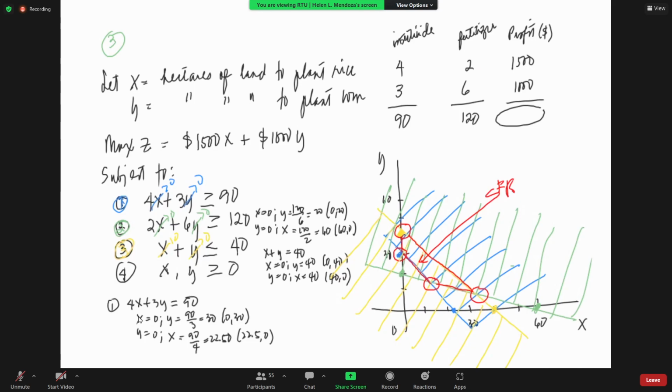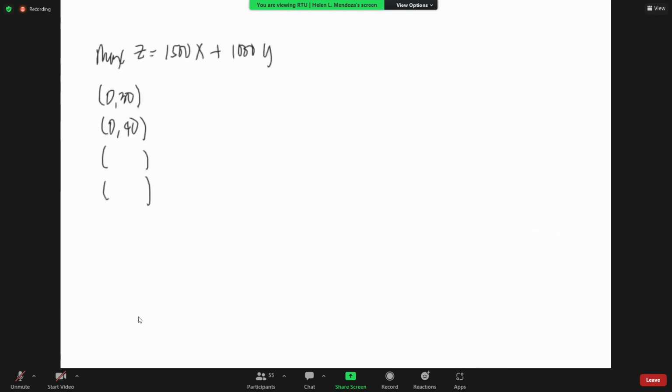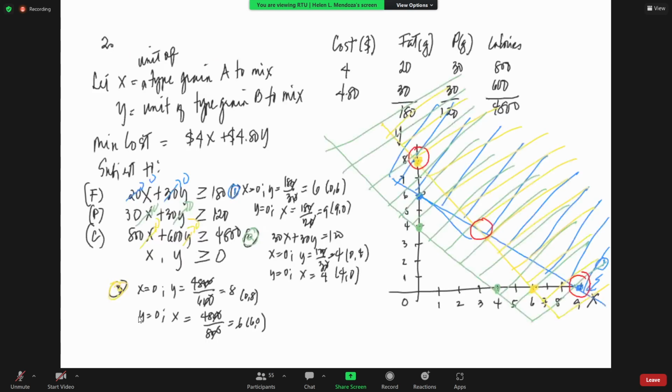So we have solving for the intersection of 1 and 2. So balikan, hindi ko kasi kabisado. Ito ba yun? Hindi ata ito yun. Ito.